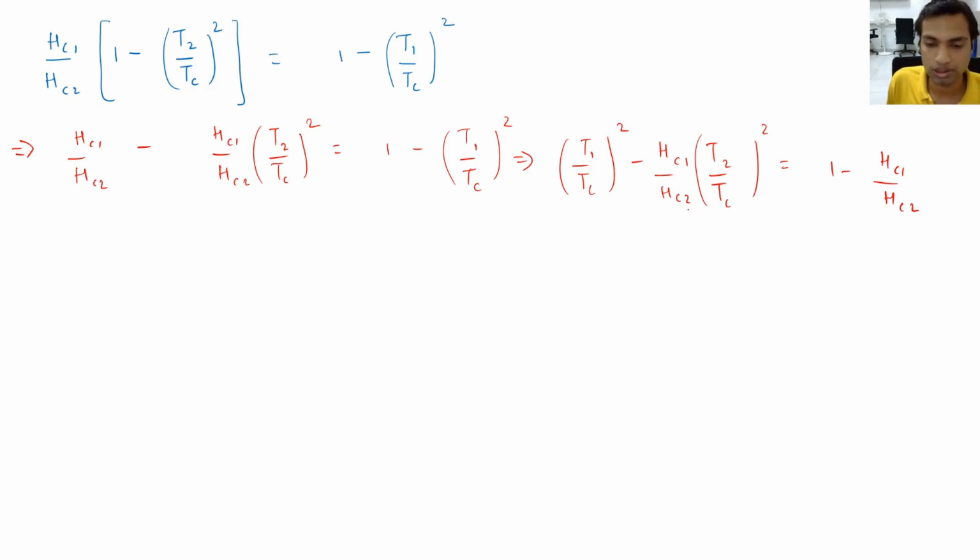Now we want Tc square to be there, so we'll just separate the variable.